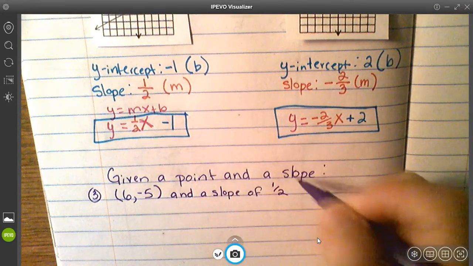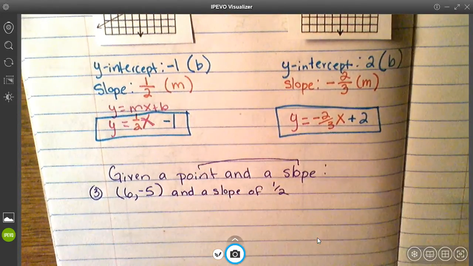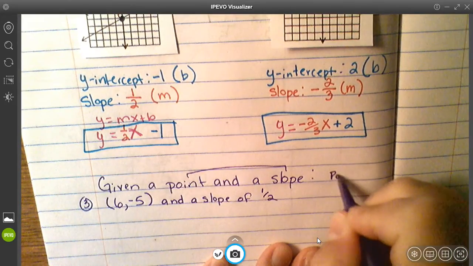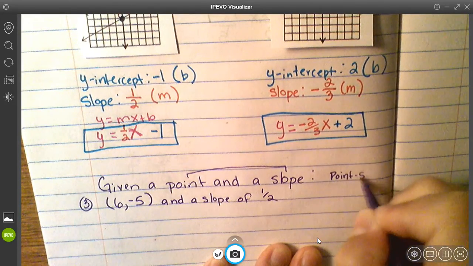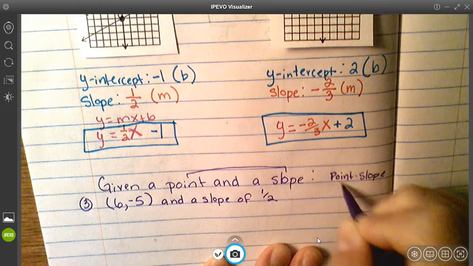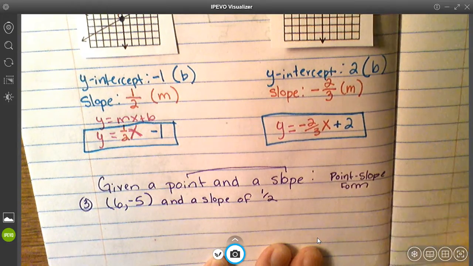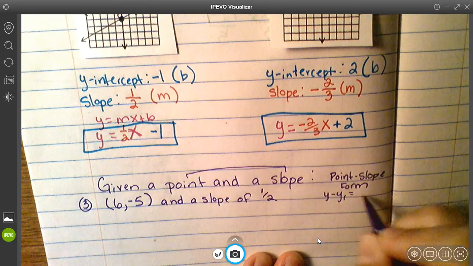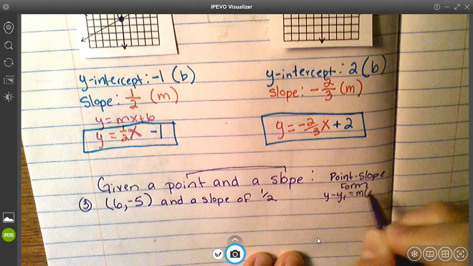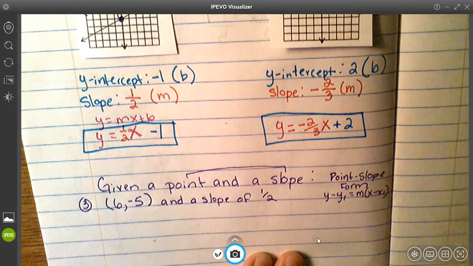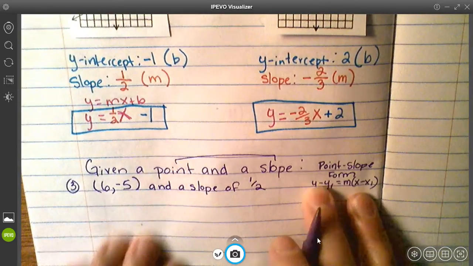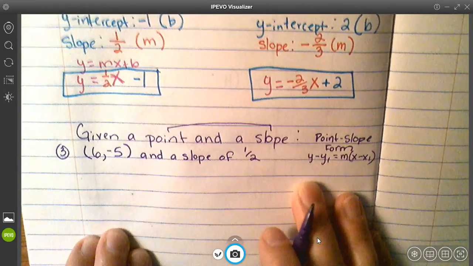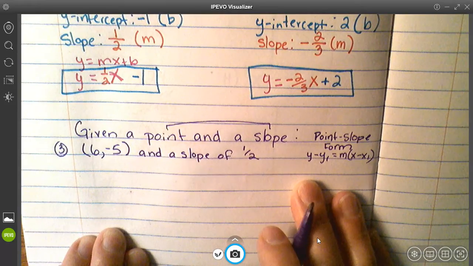So when we have a point and a slope, we want to use point slope form, which is y minus y1 equals m times x minus x1. And we will plug into that formula.